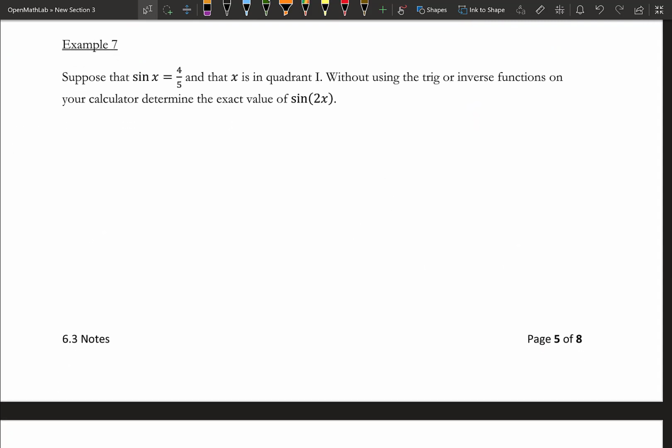All right, so now let's look at example 7. We're supposing that sine of x equals 4/5 and x is in quadrant 1. Without using the trig or inverse functions on your calculator, we want to determine the exact value of sine of 2x. What we know is that sine of 2x, using the double angle formula, is equal to 2 sine x times cosine x.